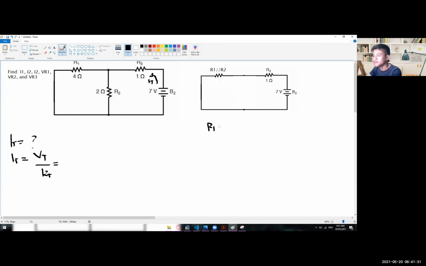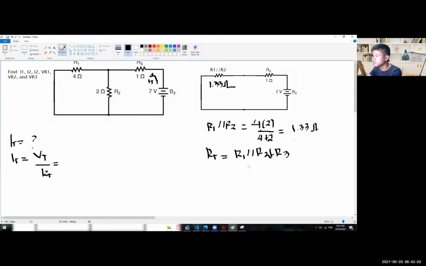So here we have R1 parallel to R2, wherein we have 4 times 2 divided by 4 plus 2. So 8 divided by 6 is equal to 1.33. So this one is 1.33 ohms. And then for the R total, we have here R1 parallel to R2 plus R3.